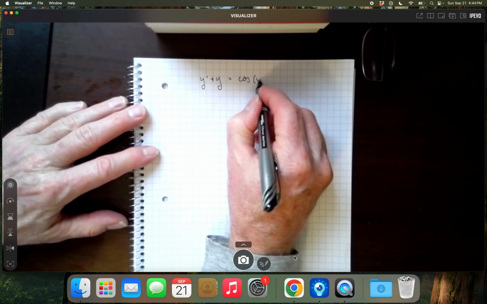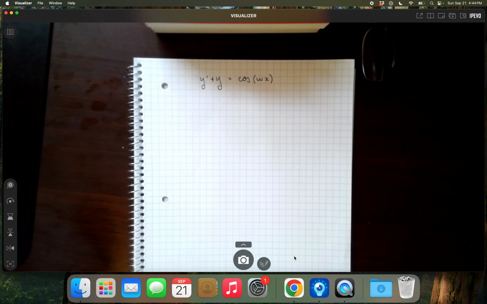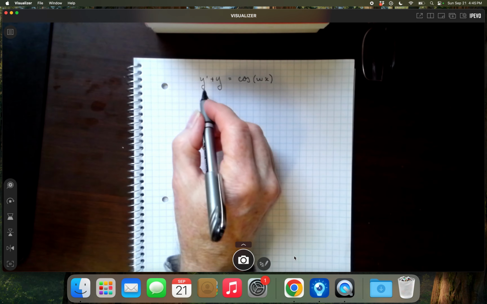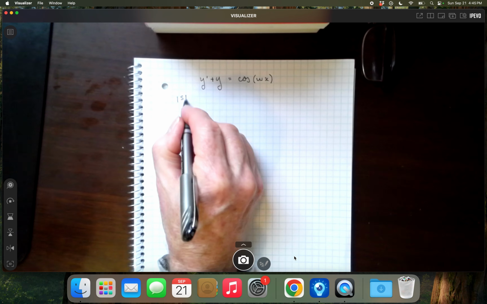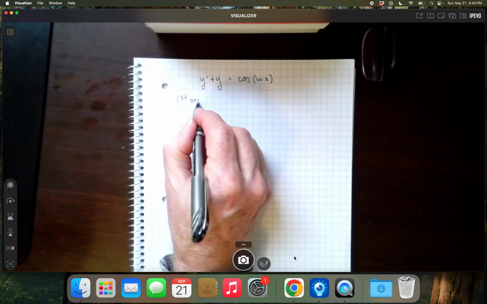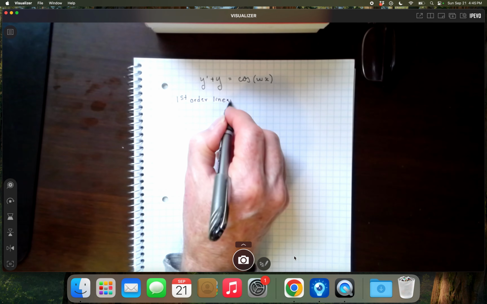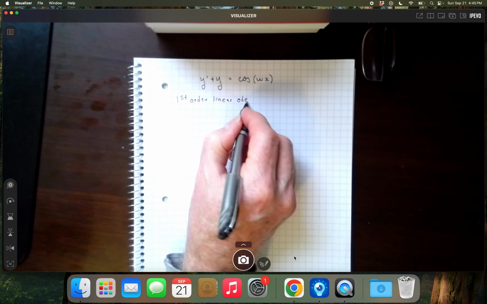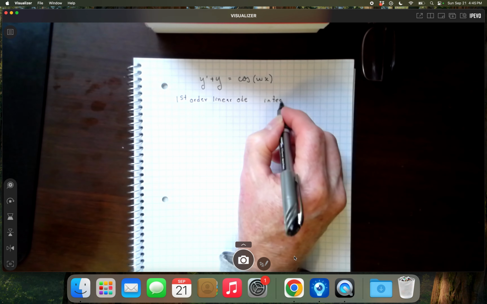So we're going to just put omega there. Now, we want to find a solution to this using the integrating factor approach. Now, again, this is a first order linear ODE. And we're going to use the integrating factor approach to solve this.